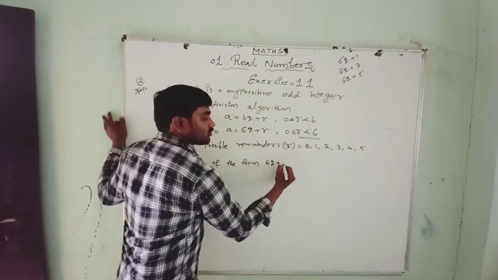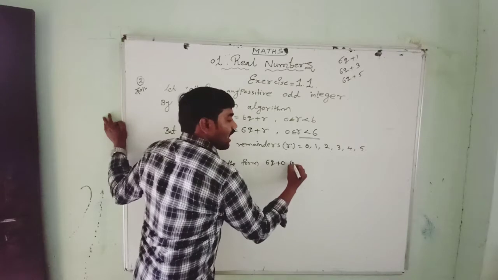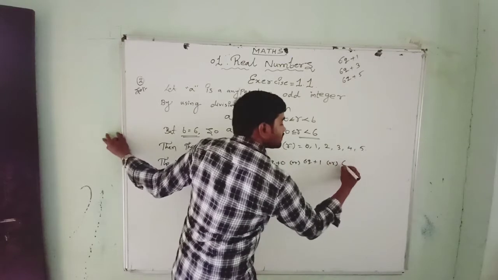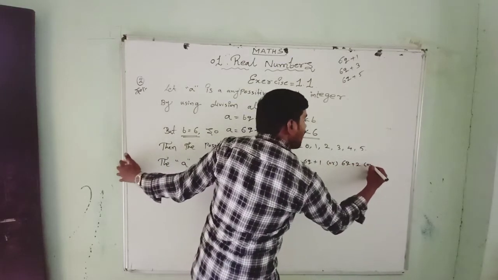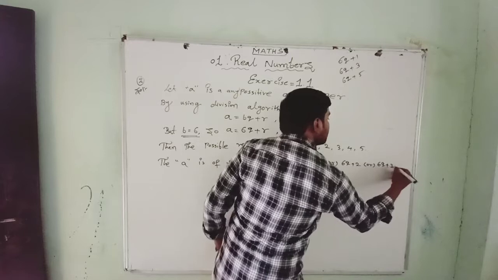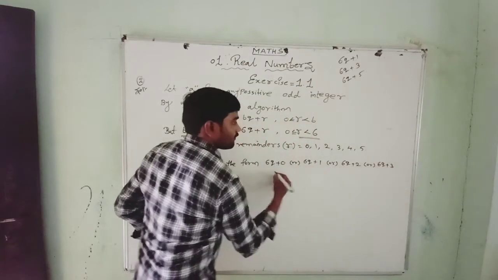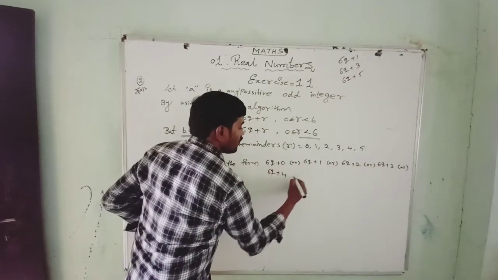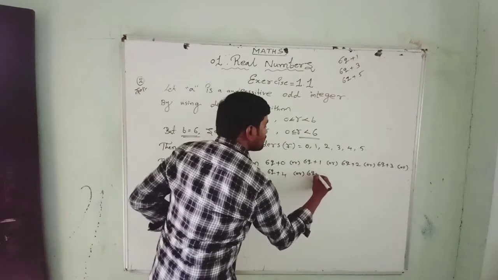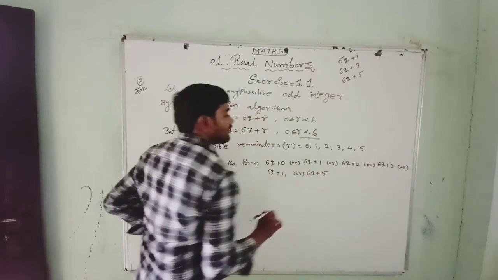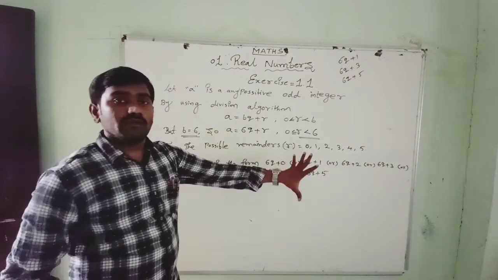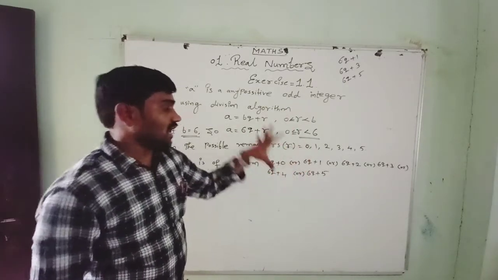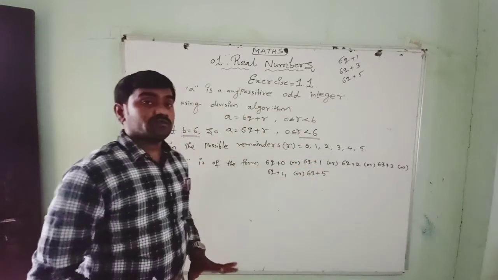Wherever r comes, you have to use 6q + 0, 6q + 1, 6q + 2, 6q + 3, 6q + 4, 6q + 5. We have used all of these. So a can be 6q + 0, or 6q + 1, or 6q + 2, or 6q + 3, or 6q + 4, or 6q + 5.